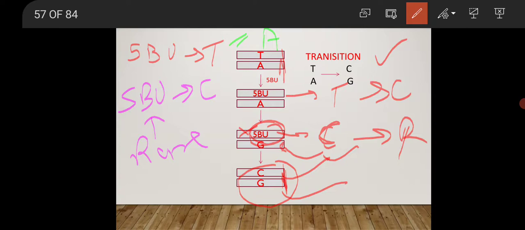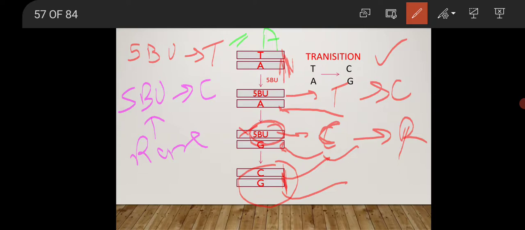It is very simple. We have the normal gene, that is TA. 5-bromouracil is added. 5-bromouracil acts as a thymine, so to the thymine, the complementary base pair adenine will get attached. Now at the second replication, the rare form, cytosine, will get attached, and to the cytosine, guanine will bind.